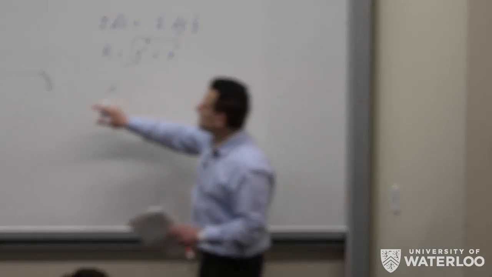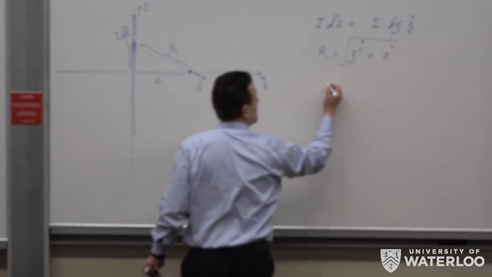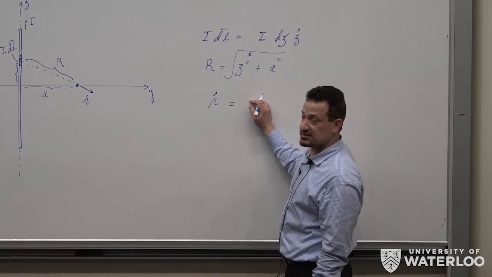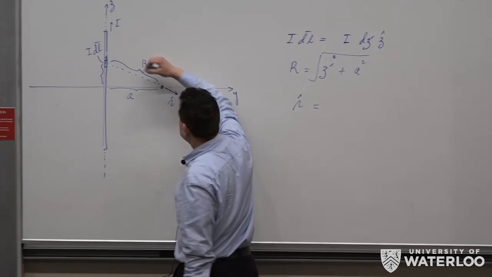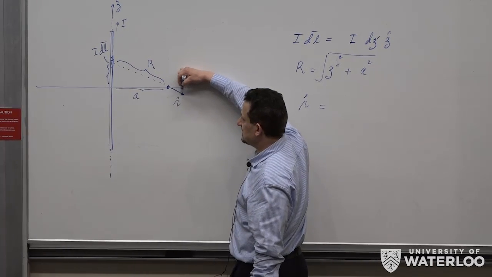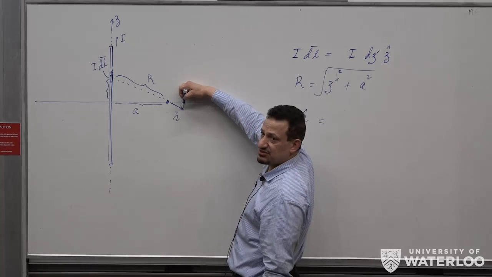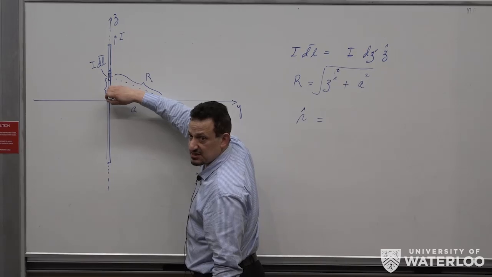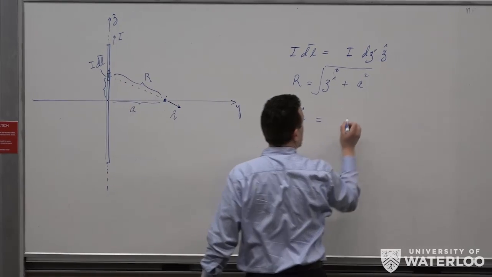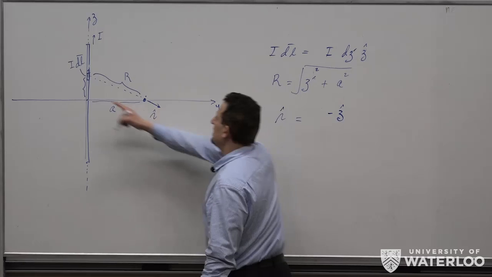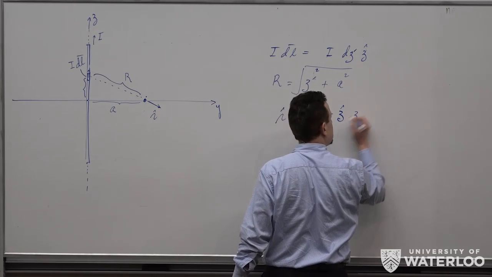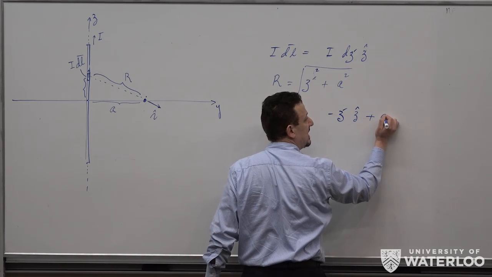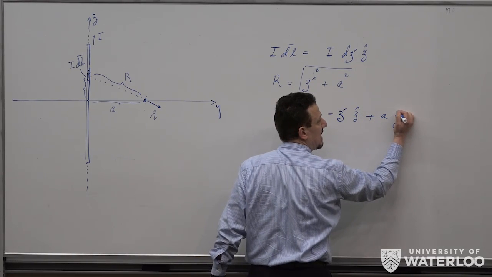Now I want to find that vector r hat. This is where a very common mistake is made. R hat is a unit vector. So r hat is found by finding a vector in that direction divided by the magnitude. So it will be minus z prime z hat plus a y hat.